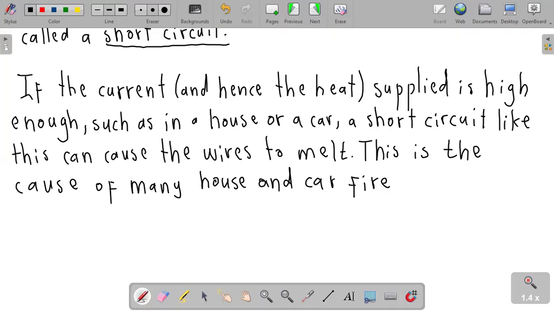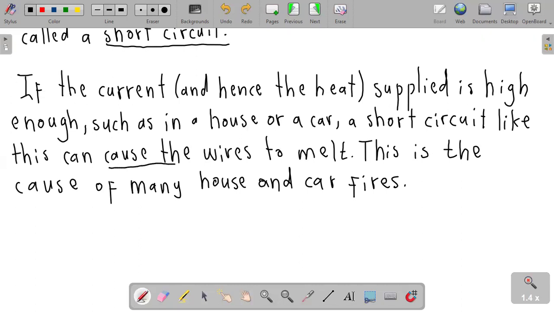So if the energy is too high, okay, maybe if the wire, the conductor that was used as a short circuit has a very small resistance, okay, it means that there will be a lot of current in that conductor, and that will cause a lot of energy. See, that will cause a lot of heat energy, and the heat energy can cause the wire to melt if the energy is high enough.